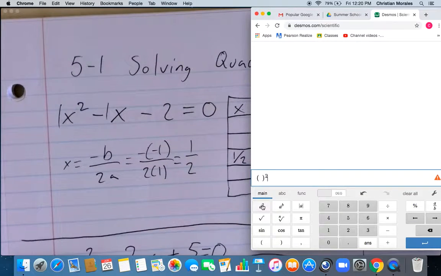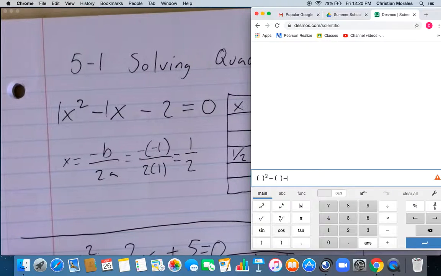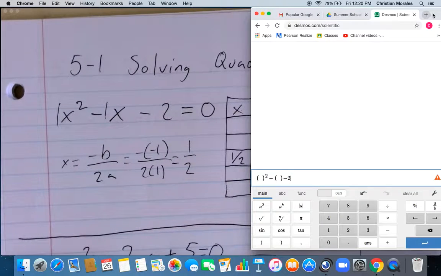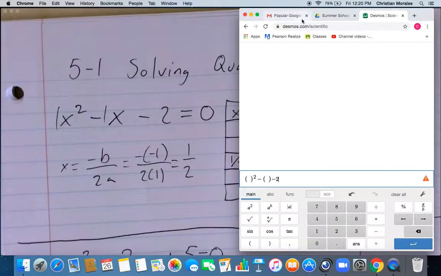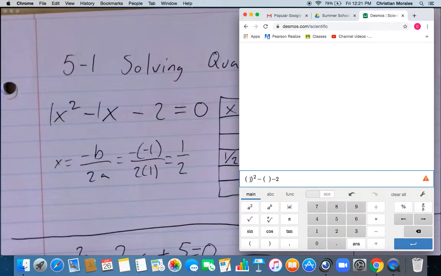So x is my parentheses squared minus x minus 2. Okay, so this is how I'm going to use it. Now I'll plug in different numbers in here. If I want to plug in 1/2, I could just put 0.5 and 0.5. And I get negative 2.25.